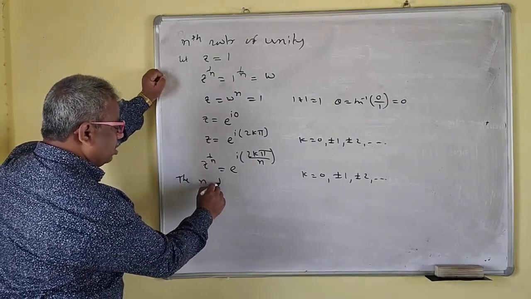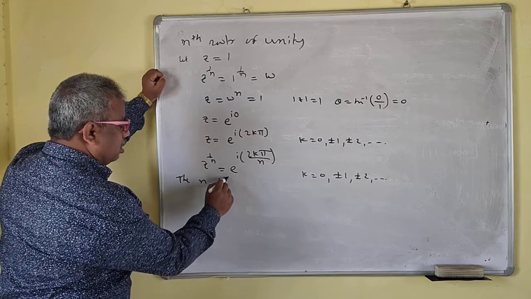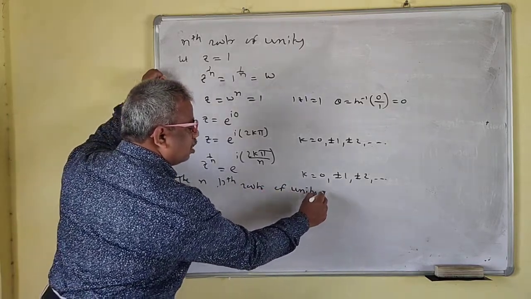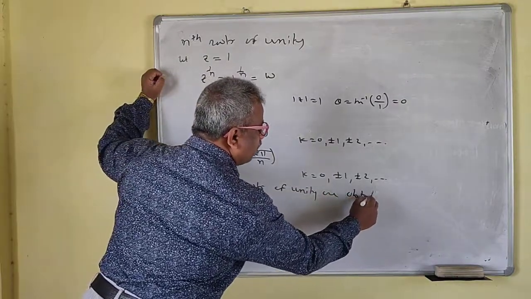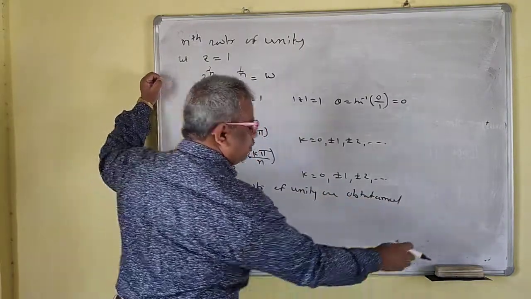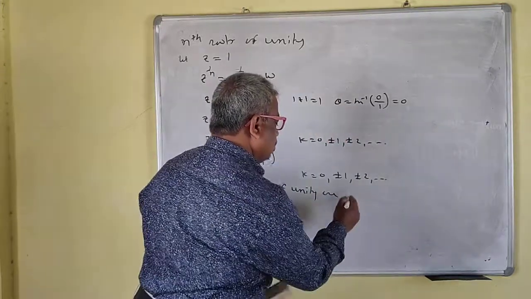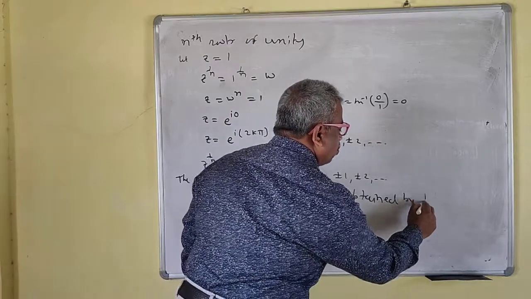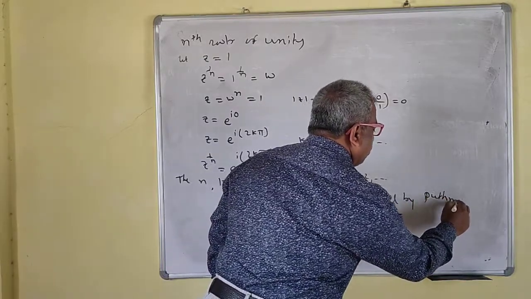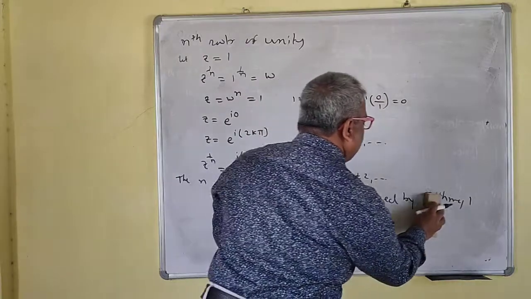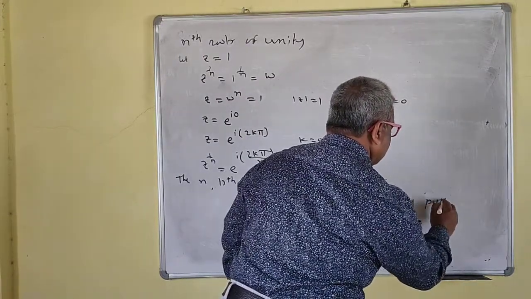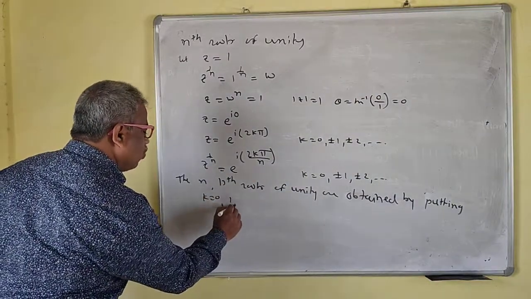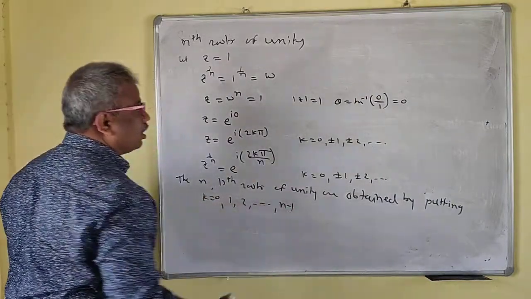The nth roots of unity are obtained by putting k is equal to 0, 1, 2, up to n minus 1.